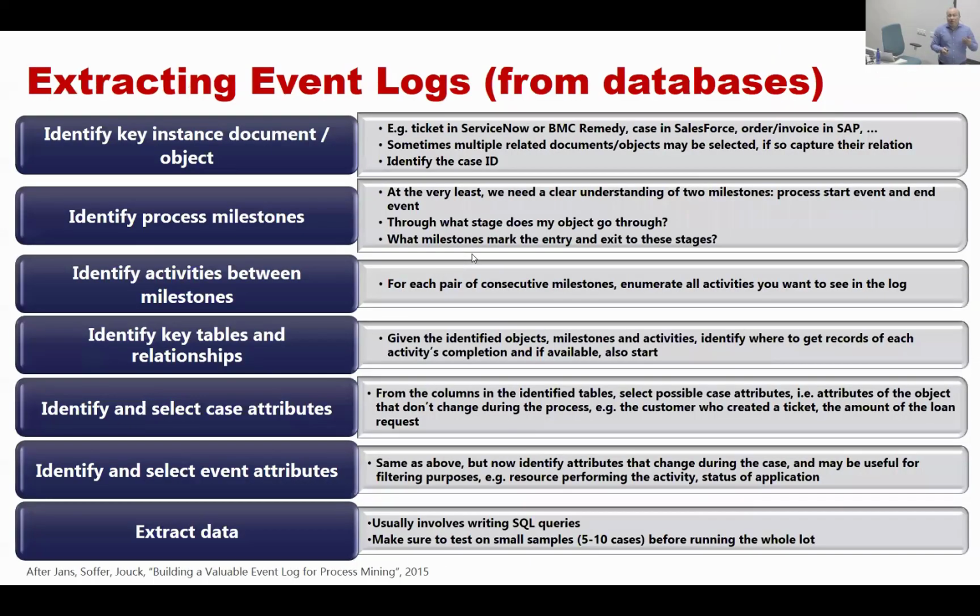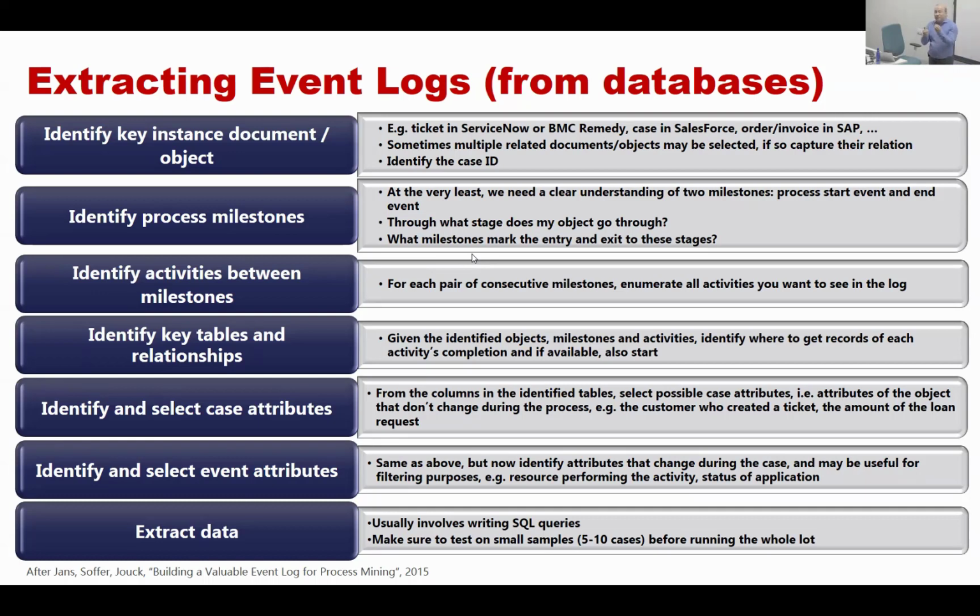So based on my experience and some experience of others, I offer you a workflow of several steps you might need to go through in order to identify from where you should extract data in order to do process mining.